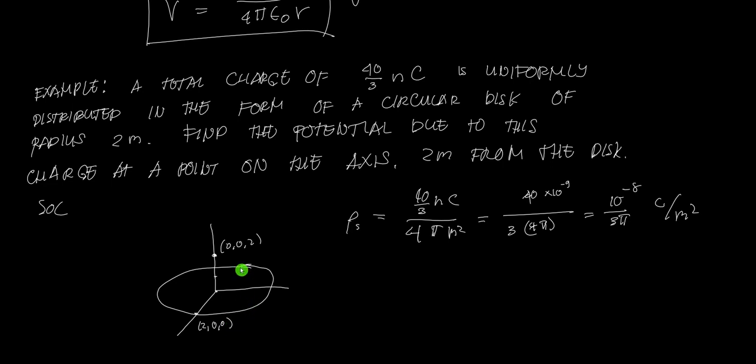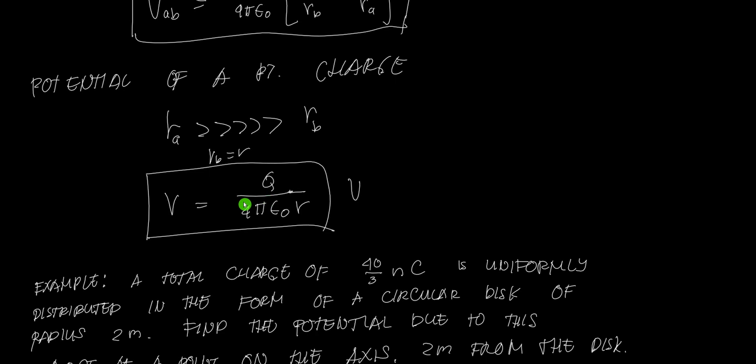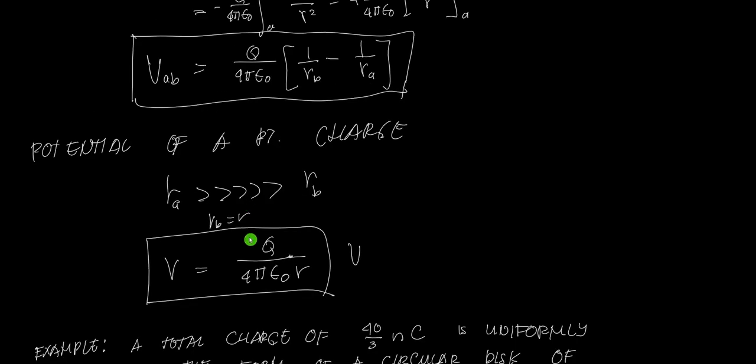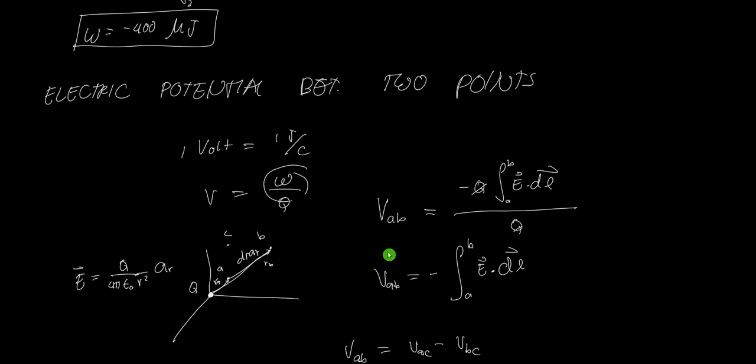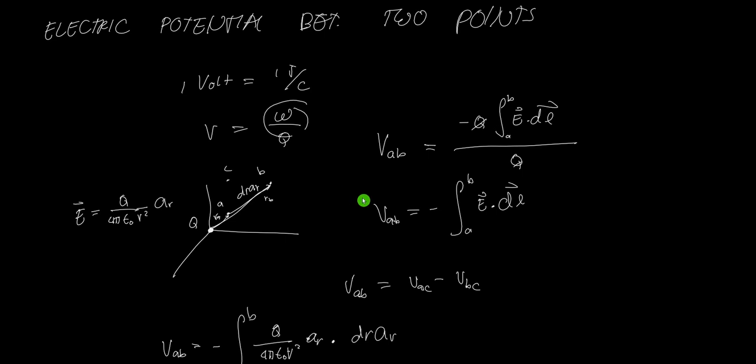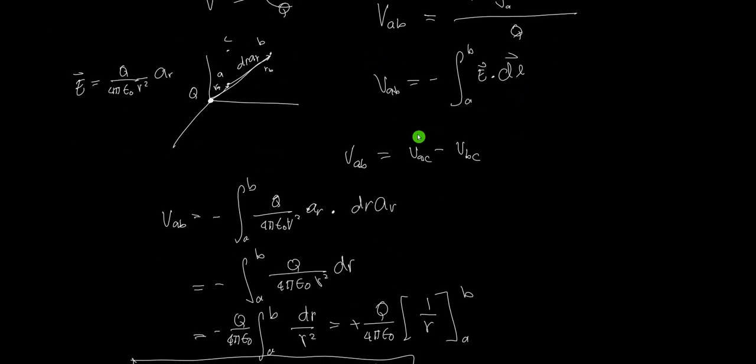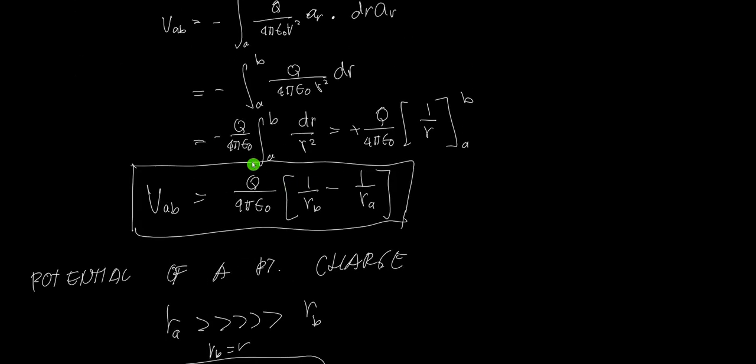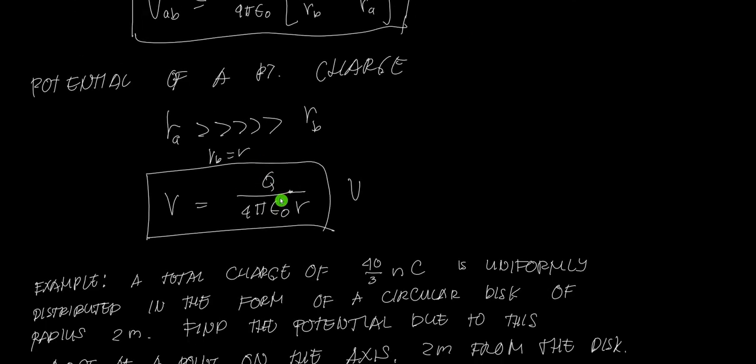Now, that's the charge density. So we need to solve the potential at this point here. Remember the formula for the potential equal to this. Or this one, we can use this formula here. Or because it's not a point, I can just use this. But the Q here and the R, what should be the R?